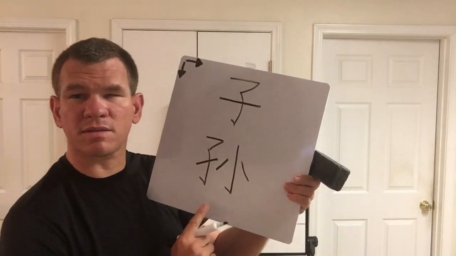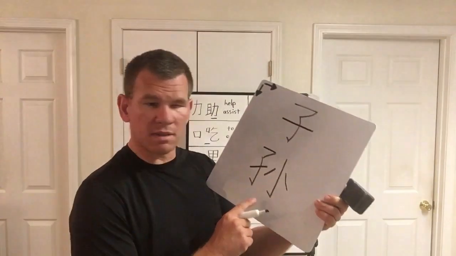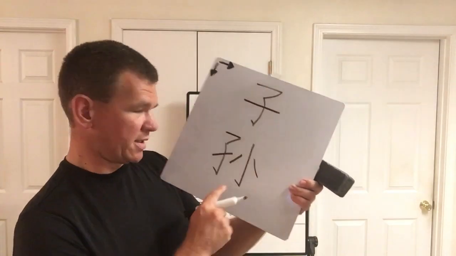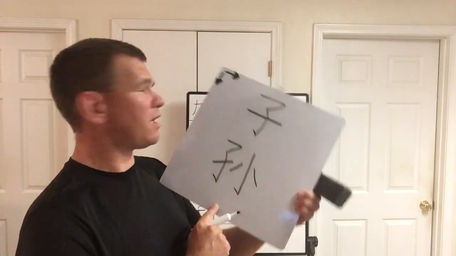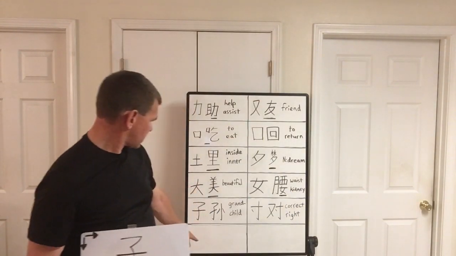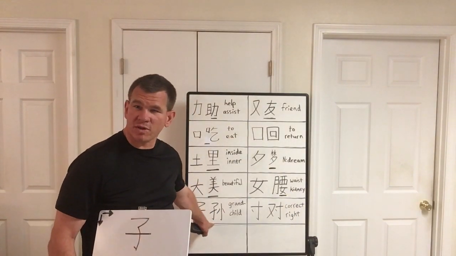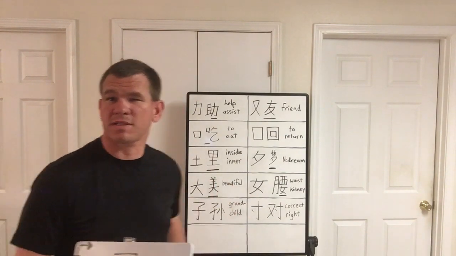It could be grandson or granddaughter, but if you put this character first and then the girl, sorry, if you put this character first and then you put female, that makes it granddaughter.